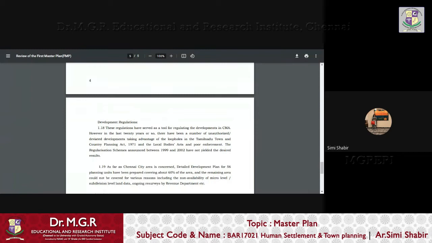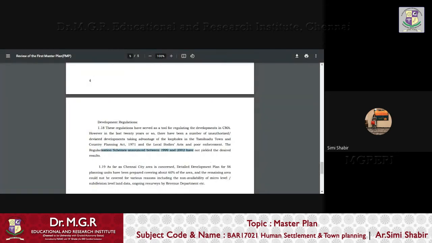However, in the last 20 years or so, there have been a number of unauthorized, deviated developments taking advantage of the loopholes in the Tamil Nadu Town and Country Planning Act of 1971 and the Local Bodies Acts and the poor enforcement of the same. The regularization schemes announced between 1999 and 2002 have not yielded the desired results even then.